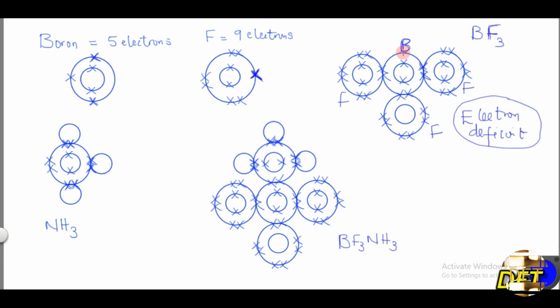What does that mean? There is a space here that can still take a pair of electrons, right? Because normally, for it to be in an octet state, you are supposed to have 8 electrons here, but now we have just 6 electrons. So this compound, boron trifluoride, is electron deficient, right?